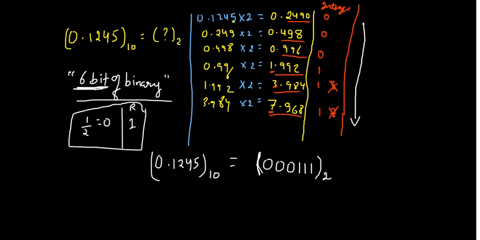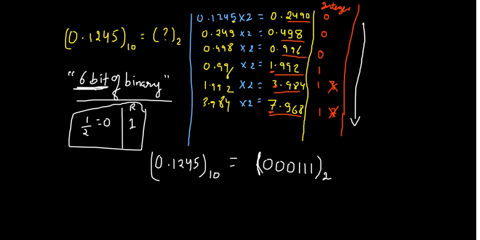So now I think you have understood the concept very clearly. When we have an integer number without the fraction part in decimal, we divide it, take the remainders together and assemble them from the bottom up, and we get our answer. And in the fractional part, we do a similar thing, but instead of dividing, we multiply.